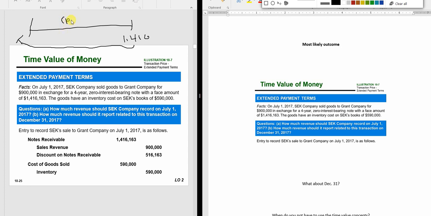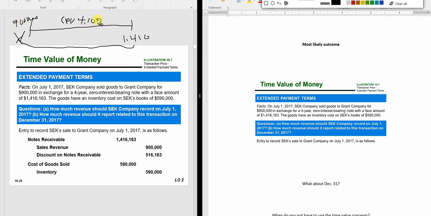So I'd want the present value of this for 4 periods, 10%, and I'd find the factor for that and take 4,116,163, bring it back, and I would get 900,000.